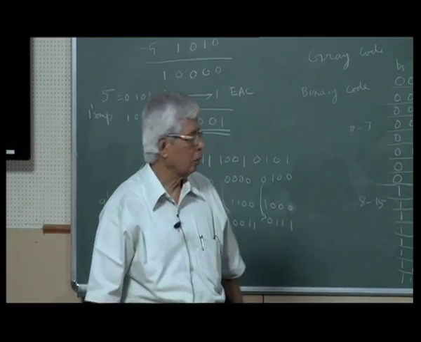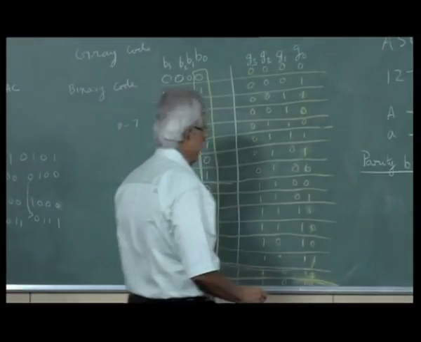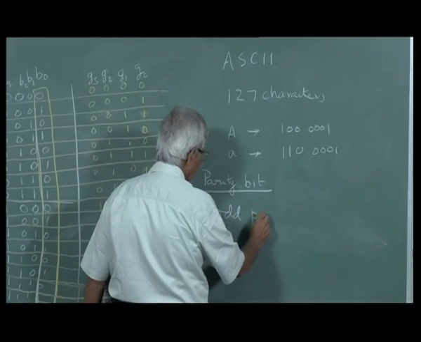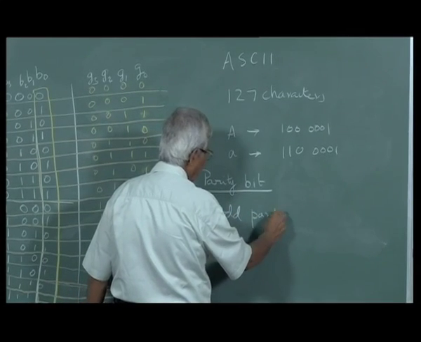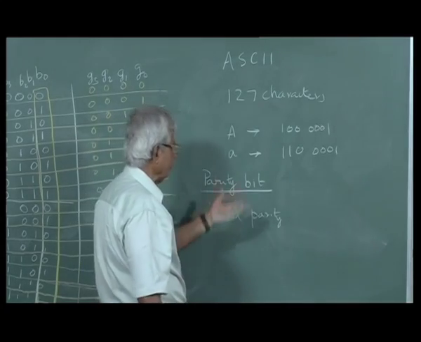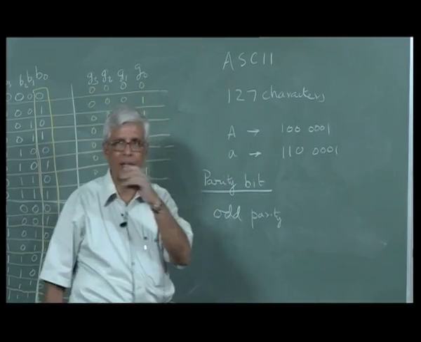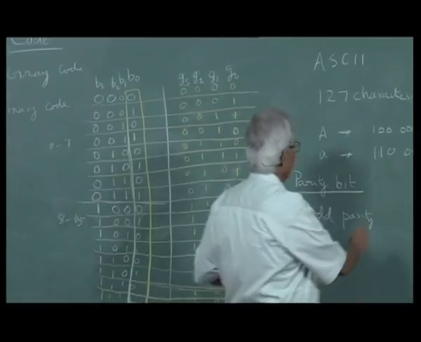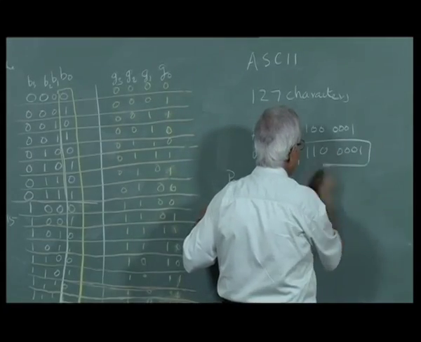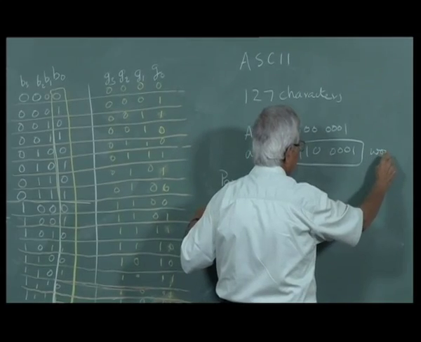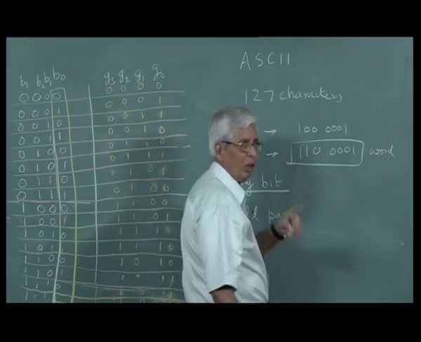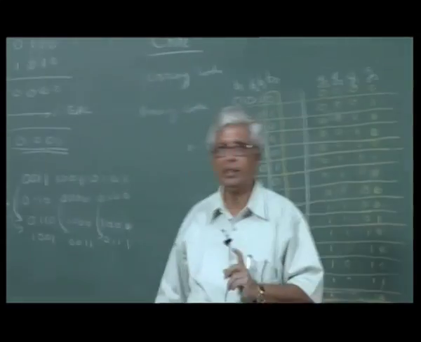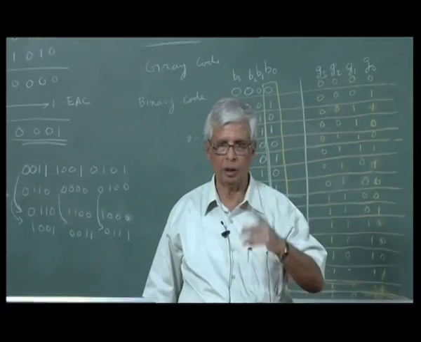So there are 2 things called odd parity and even parity. In odd parity, the number of bits together is called the word. They will count the number of ones in the word. If it is odd, they will put a 1 as a parity bit. If it is even, they will put a 0.